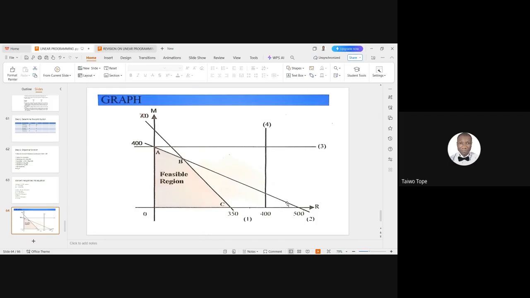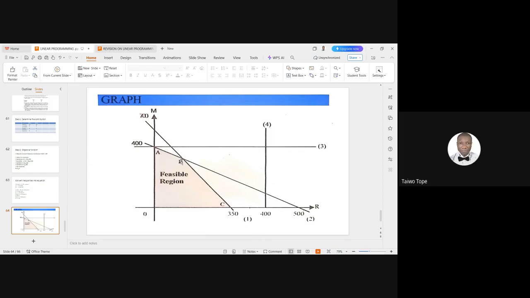Because if you had been in this class, I would have been hearing your voice. Okay. All right, sir. This line, sir, is equation 2. See, it is labeled here. Then this other one is equation what? One. Equation 1.